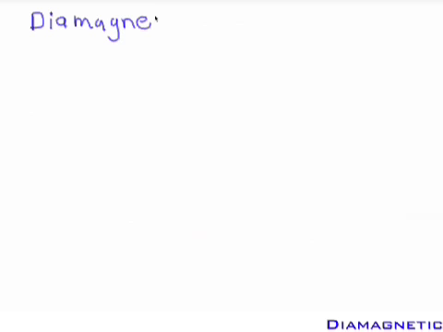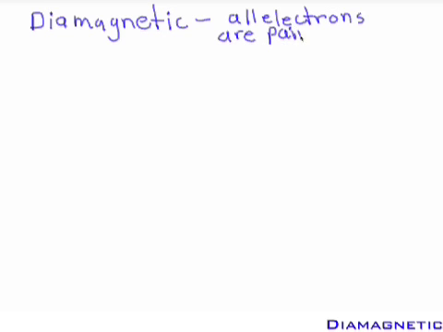Diamagnetic is a term that applies when all electrons in your molecular orbital energy diagram are paired up.